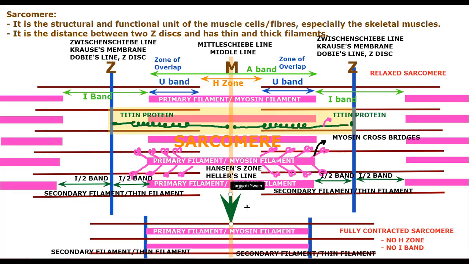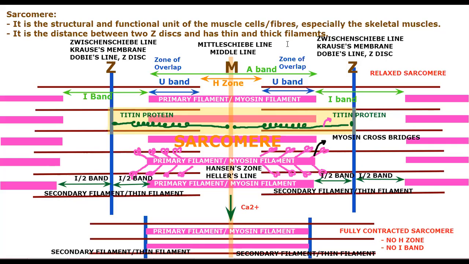Okay, this became a bit too thick, so we'll make it like this. And this will happen when we give calcium. Fine. So when the body provides calcium ions, okay, your contraction is stimulated.